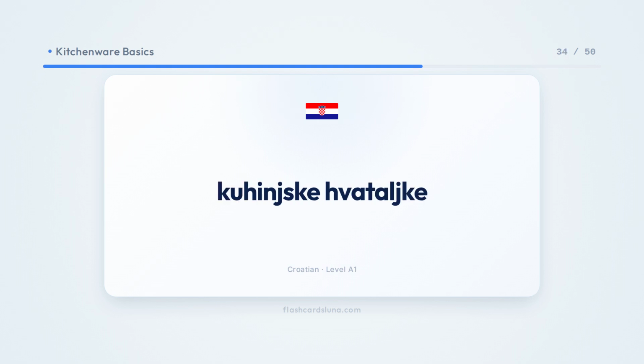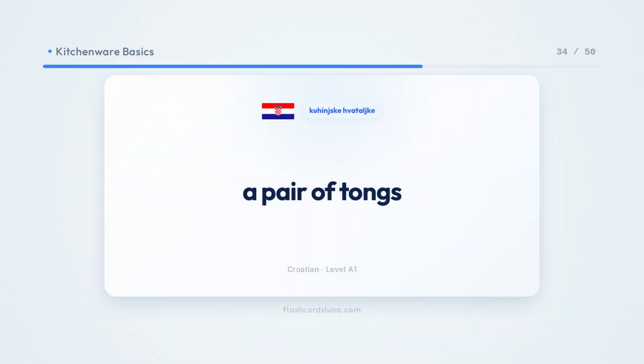Kuhinjske hvataljke. A pair of tongs. Mjerna čaša. A measuring cup. Mjerna žlica. A measuring spoon.